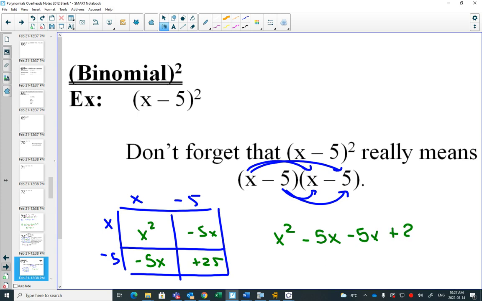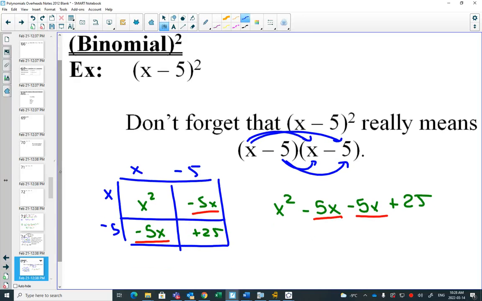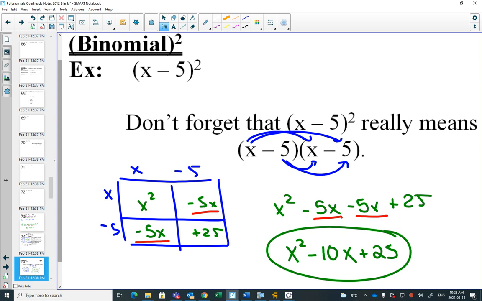Last arrows, plus 25. Whether you do the chart method or the FOIL arrow method, the two terms will be alike, and your final answer is x squared minus 10x's, because these ones are like terms, plus 25.